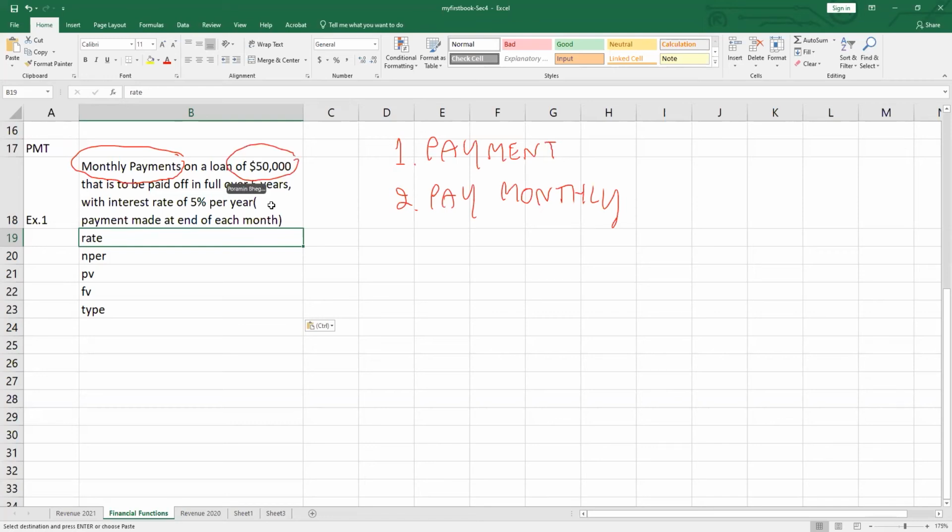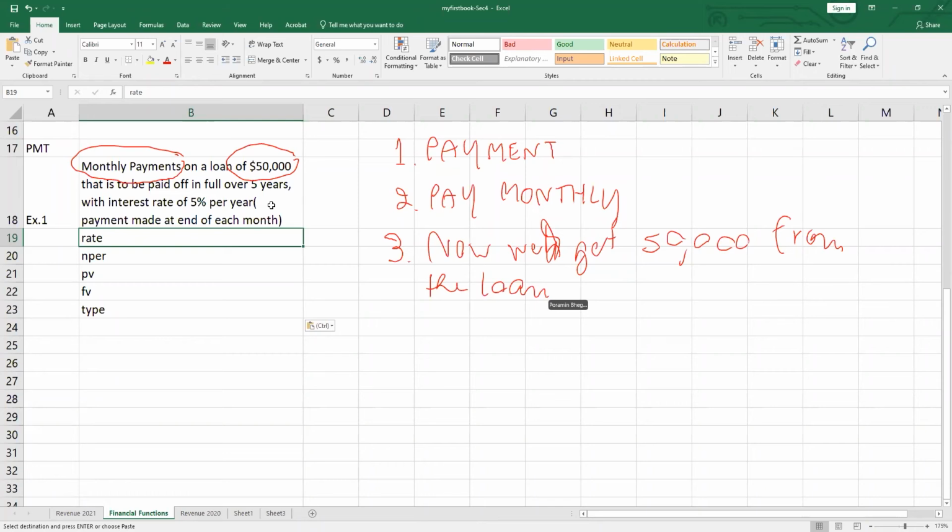Next, $50,000. What is it? 50,000 means the amount of money that you get from the bank when you borrow the money from the bank. So that means when you borrow the money from the bank, we say that now we get 50,000 from the loan. What does it mean?